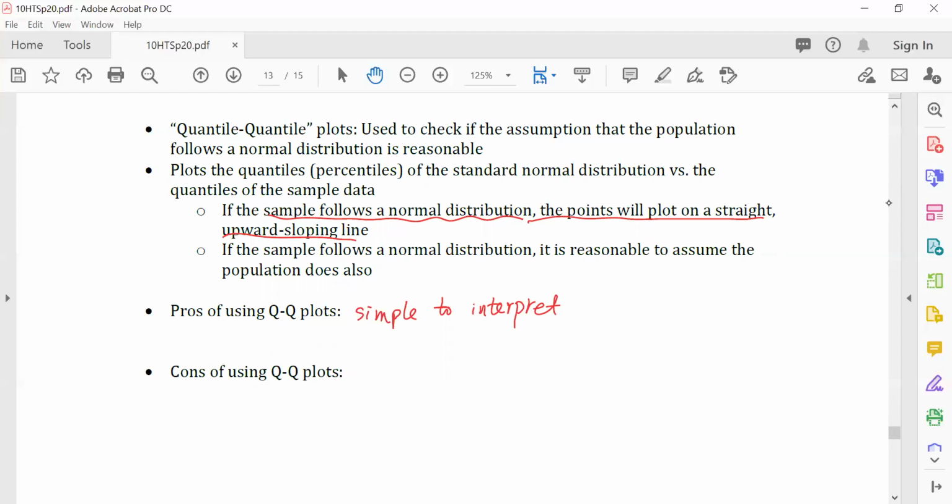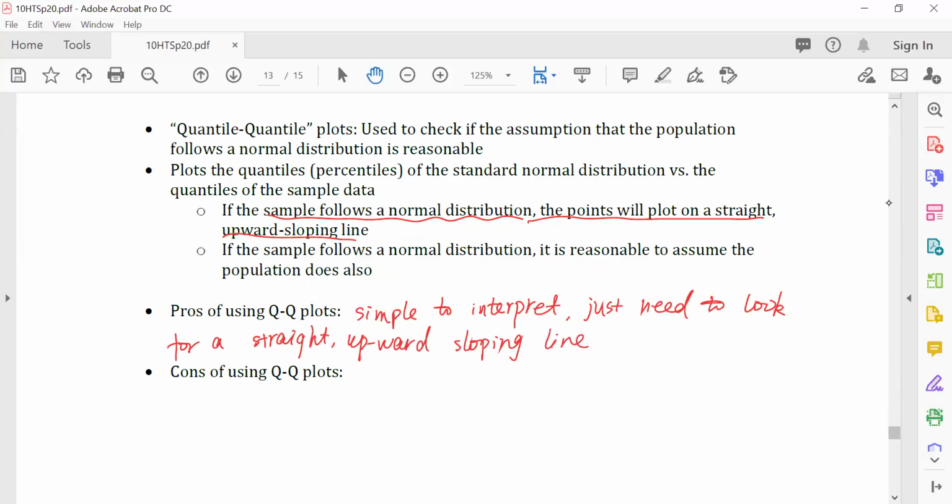It's quite straightforward, a visual check, yes or no. So it's simple to interpret, and you just need to look for a straight upward sloping line.